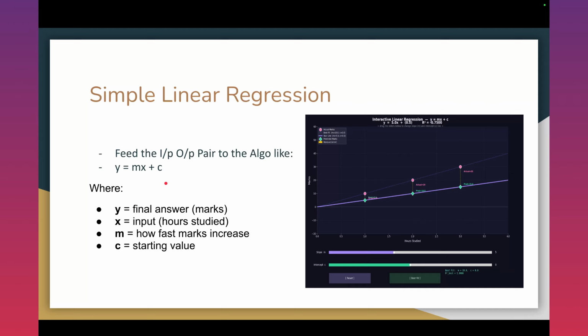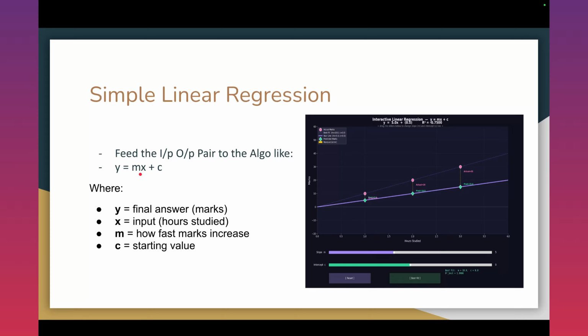Now if we are going to create a machine learning model which will predict, for example, if x is 4 hours, what should be the marks the student should get in their test. In order to get this prediction, we require two parameters m and c, which need to be calculated, and that is what simple linear regression does.